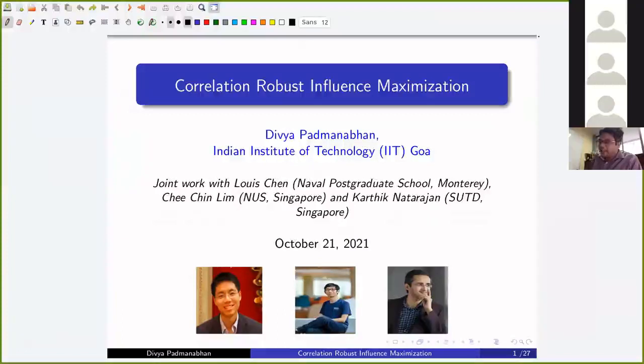She was recently at the Singapore University of Technology and Design, and received her PhD from the Indian Institute of Science. Her research interests broadly lie in stochastic optimization and decision making under adversariality, and she's also a trained Carnatic musician. I think she has participated in All India Radio and video too.